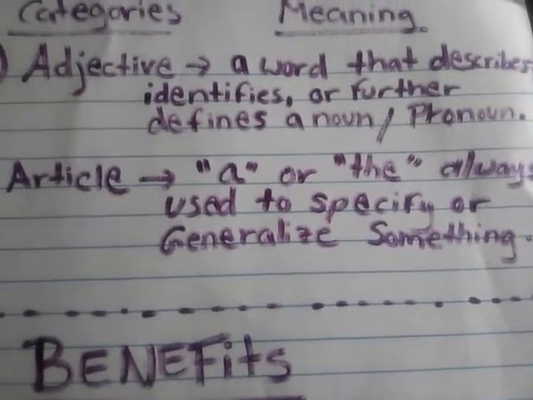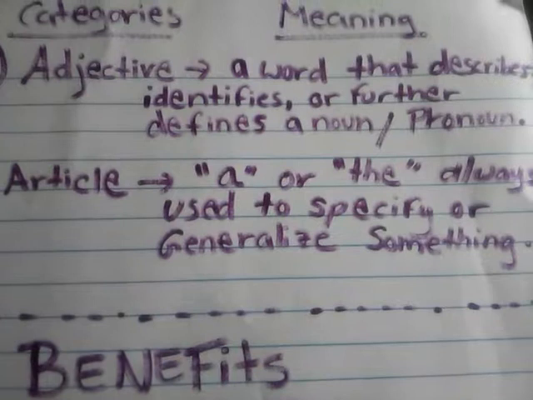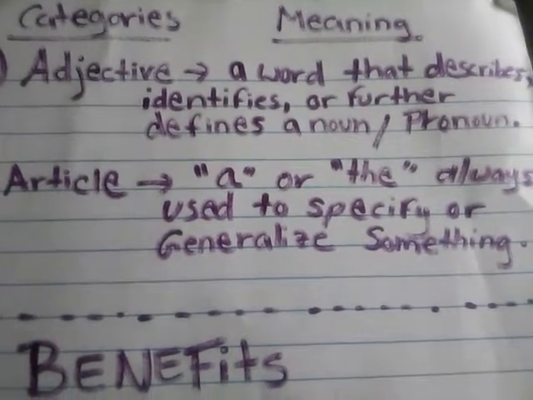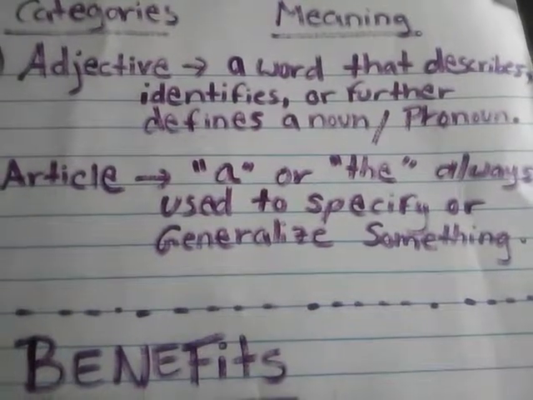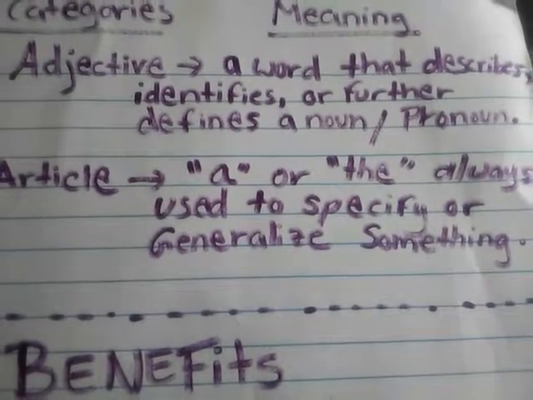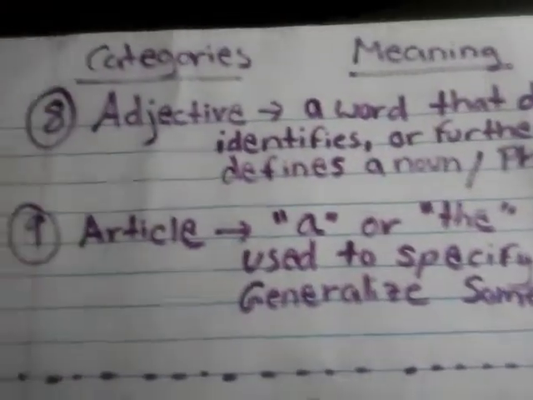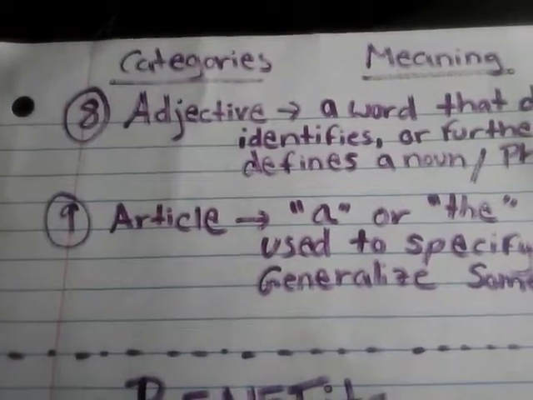It just gives you an idea if it's speaking about one person or one thing, or a general idea or general thing or person. So this concludes the 9 parts of speech.